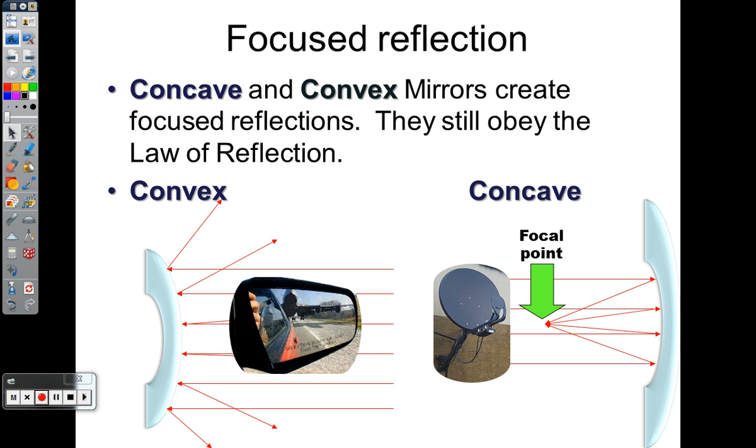When you're looking in the side mirror, you're actually seeing more of what is to the right or left of your car. And because it distorts it, it makes them look closer.